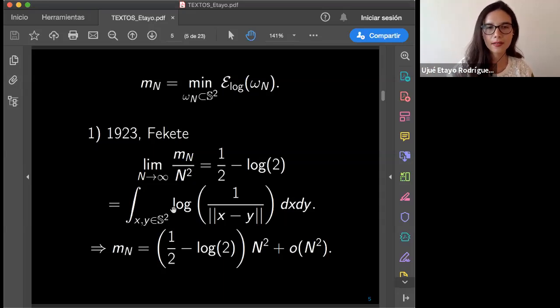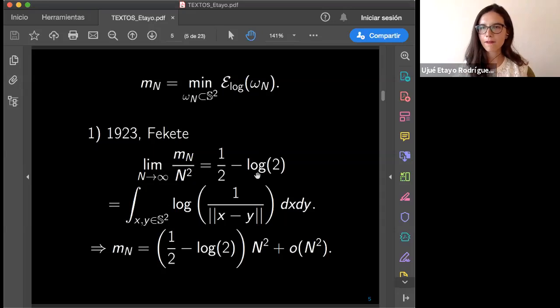Meaning that if I integrate the logarithm of 1 over the distance between 2 points, but then I don't take these 2 points on a finite set of points, but instead I take them on the sphere with the Lebesgue measure, then the value of this integral is exactly 1/2 minus log 2. To make everything clear, here I'm taking the Lebesgue measure, but normalized so that the measure of the sphere is 1. Right. So what does it mean?